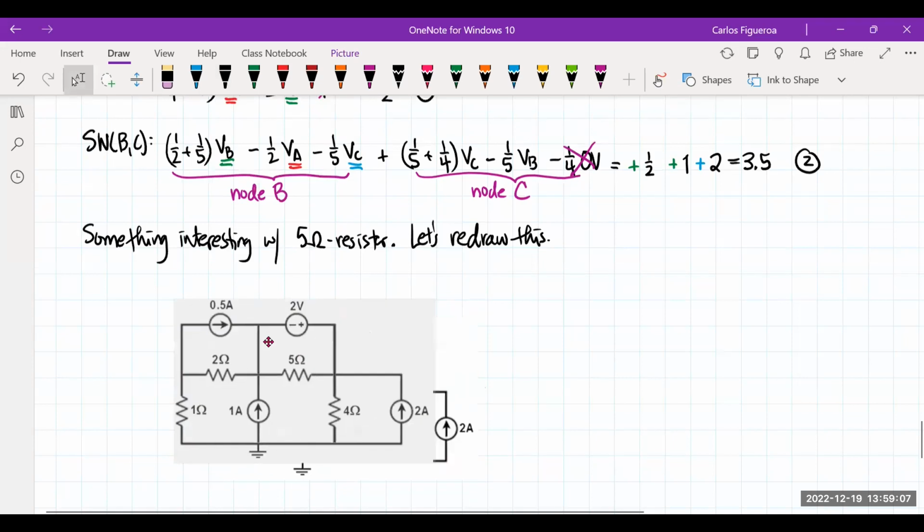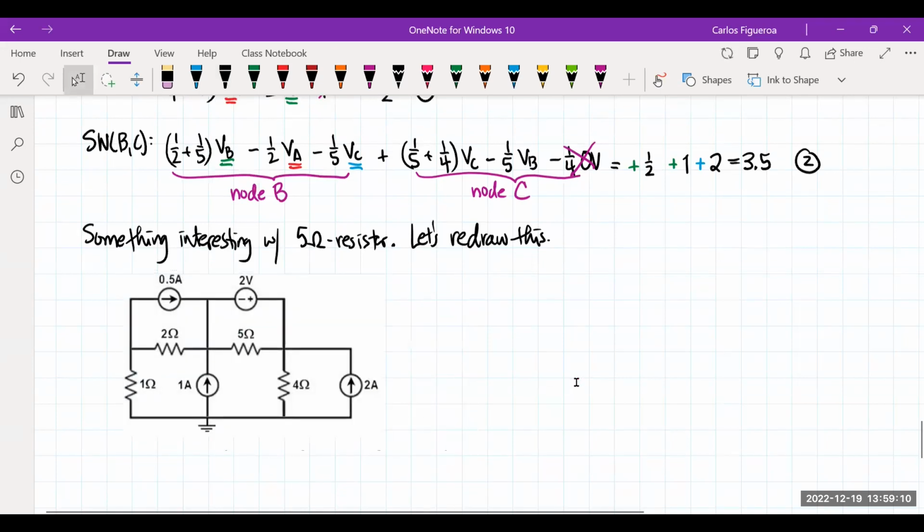What I want you to pay attention to is that we focus on the supernode. If I look at the supernode, we agree that this guy is right here, and this guy is right here. So we know this is B, we know this is C, and we know that we have a supernode. Let's draw in this supernode again.